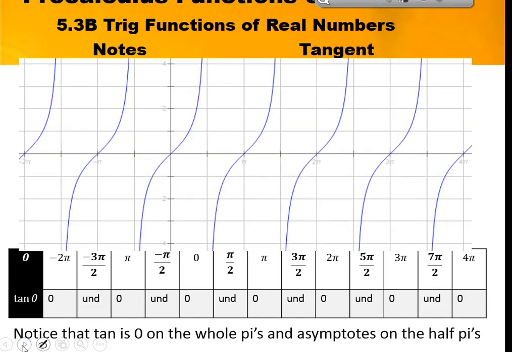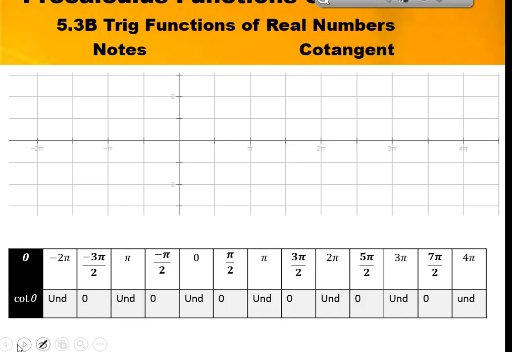There it is. And there is a better looking tangent than the one that I drew by hand. Okay, so now what's left is cotangent. In cotangent, the zeros are at the half pi's and the asymptotes are at the wholes. So let's go ahead and draw those.